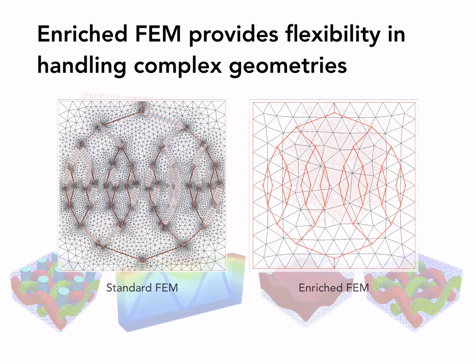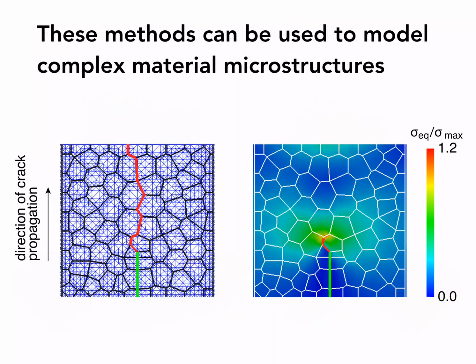Yeah? Let me show you very quickly some other problems. This is a work of Angelo Simone. You can see a very simple, like in this particular case, you see all those grains, right? This is a polycrystalline microstructure, and then you can actually propagate cracks through the grains and through the elements with this type of formulation.